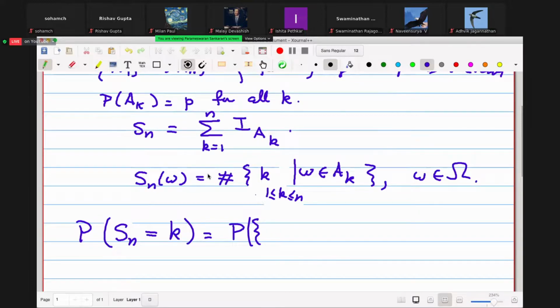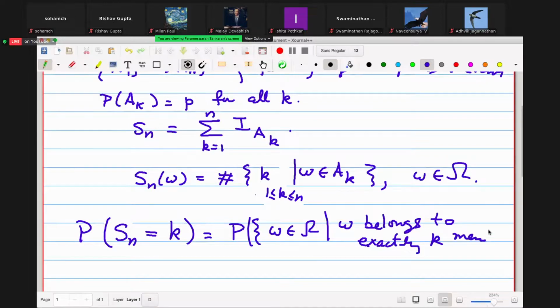So this is the set of all omega in capital Omega such that omega belongs to exactly k members of A1 to An. Why only A1, A2, to An?